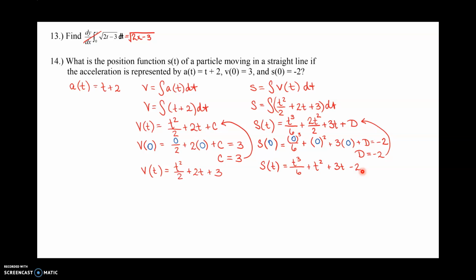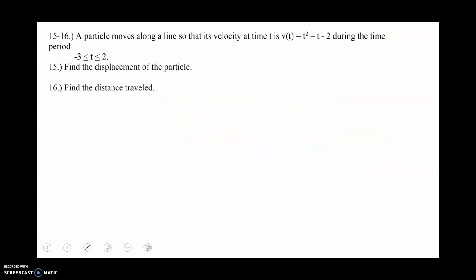Now, on this problem, I may give you the acceleration and ask you to just go to velocity. I may give you velocity and just ask you to go to position. Or I may give you acceleration and have you go all the way back to position. All right, then for 15 and 16, we're looking at displacement versus distance.